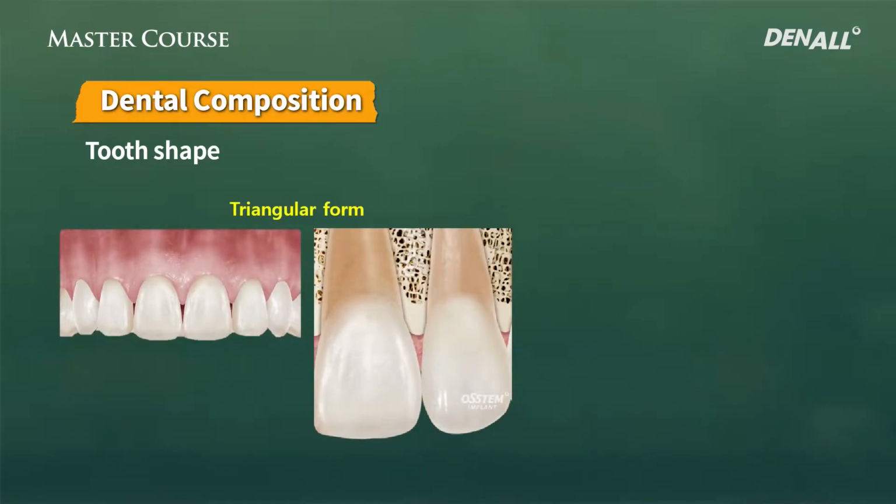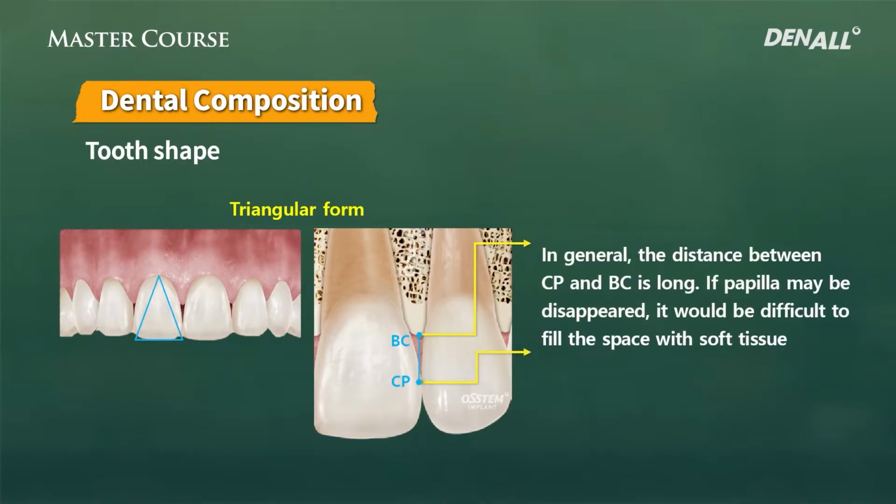First, in terms of the form, if the teeth are in triangular form, its characteristic is that in general the distance between the contact point and bone crest is long. If papilla has disappeared, it would be very difficult to fill the gap or the space with soft tissue.